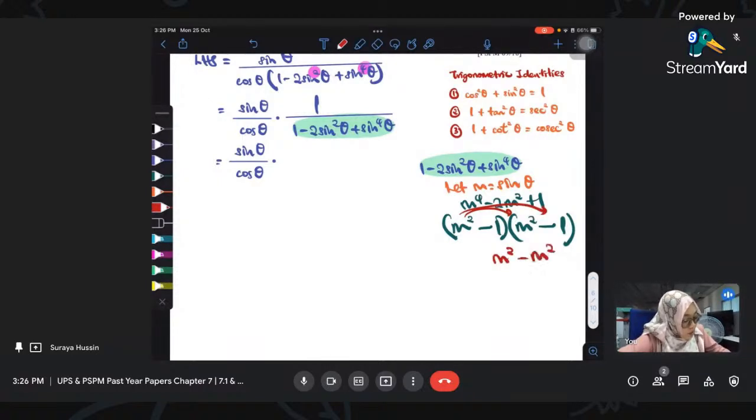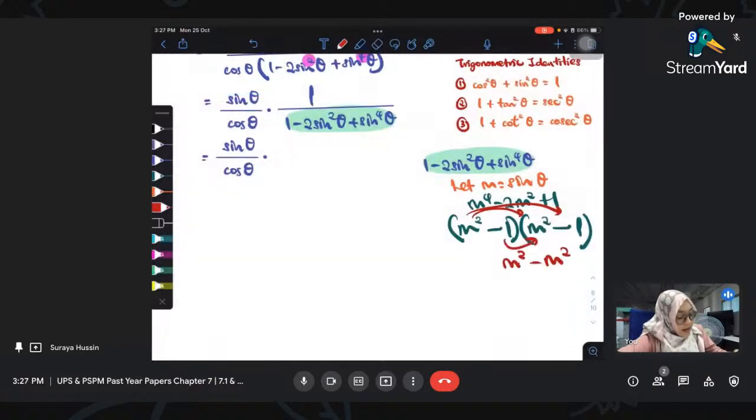And so negative m squared. Here goes negative m squared minus with m squared. And so I'll get negative 2m squared.